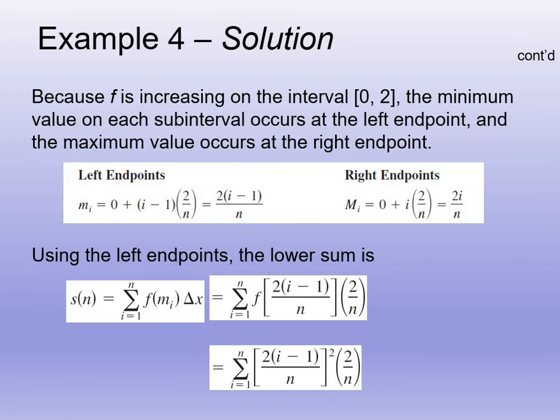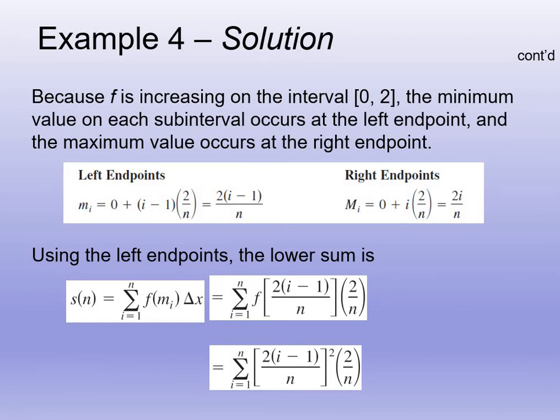So when we put that in, remember it's squared because we're putting into x squared, right? f of x is x squared. So we're substituting in that 2 times (i minus 1) over n into the x squared because that's the function. And then the 2 over n is our delta x. So we've calculated all that. We've calculated our delta x, our left endpoint, our right endpoints, and now we're substituting into our function.